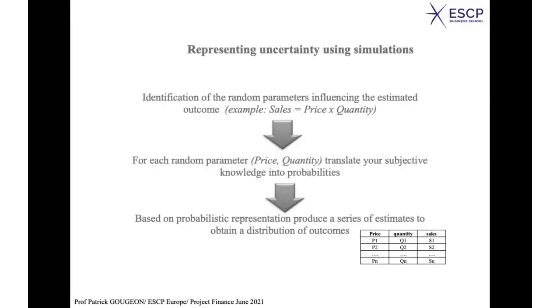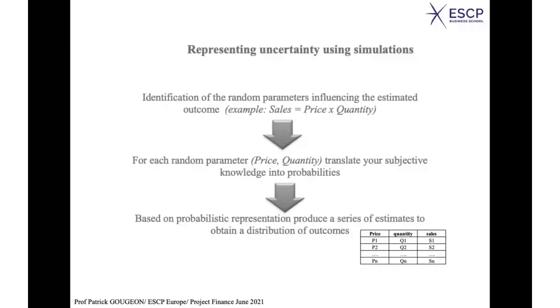For instance, if you look at this matrix, in the first column you have the price. Here I have just a few lines, but each line represents 1 simulation. And as you'll see on the next slide, you can have 1,000 simulations like this. It's quite easy to do now using the tools which we have.